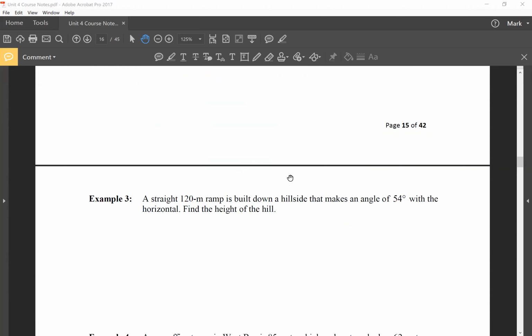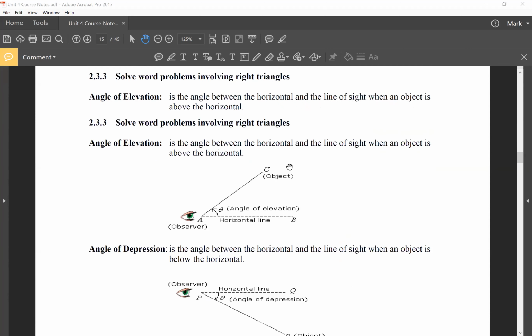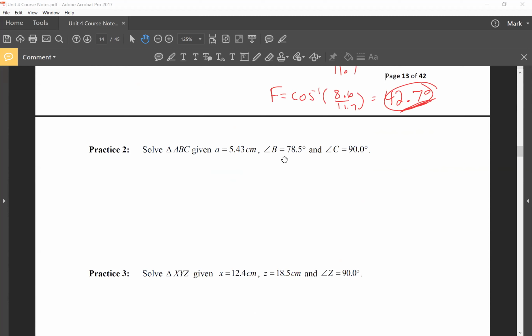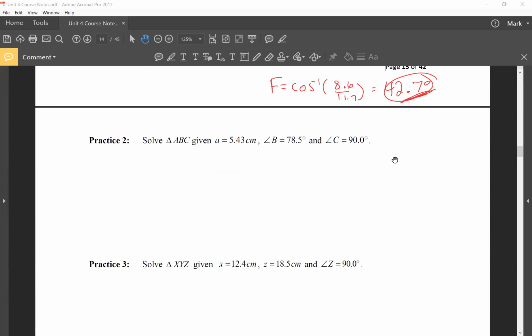We only have 4 pages left to do and we're done this whole chapter. So we're very, very close. Let me very quickly do practice 2 and then we'll do the word problems. The word problems are really nice. They're really easy. The only reason I'm doing the word problems today is because I want to have enough time tomorrow to do some review.